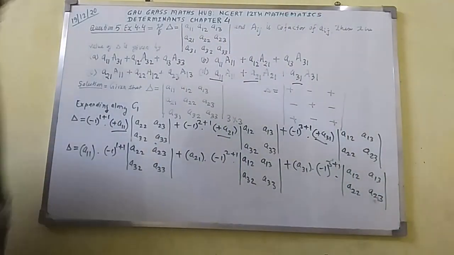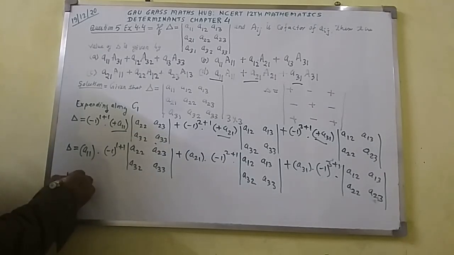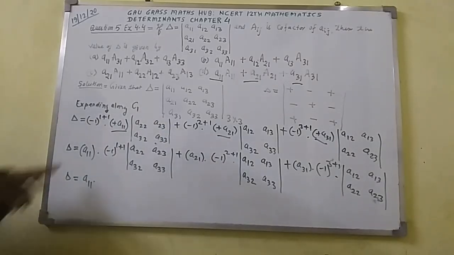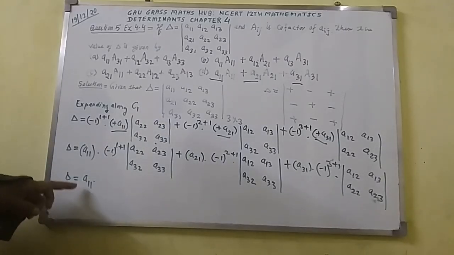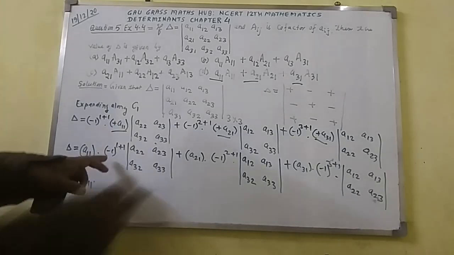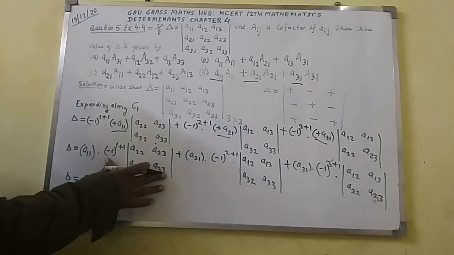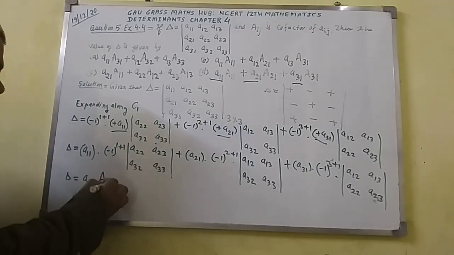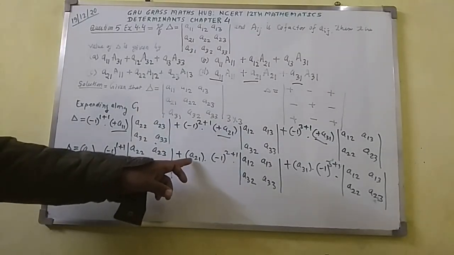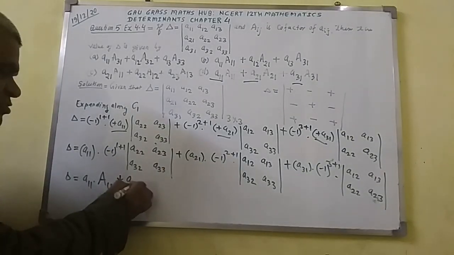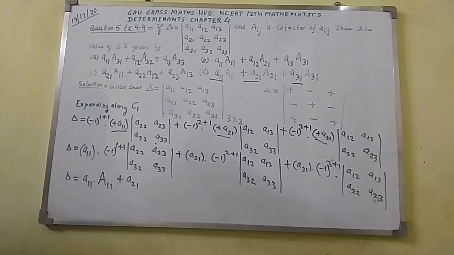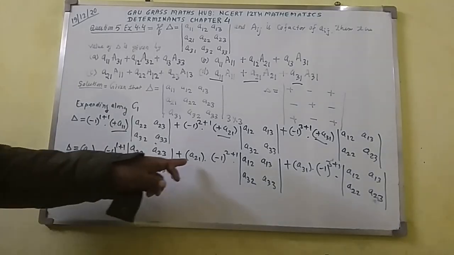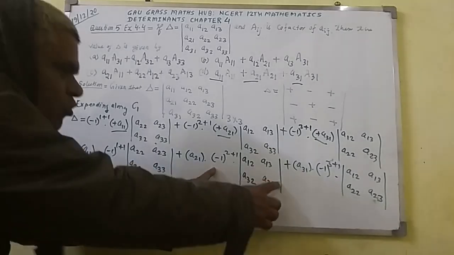So what to do next? Next I shall write delta equal to A11 dot cofactor of A11. The cofactor of A11 is this one. In place of this one, I can write here A11 plus here I shall write small A21. The cofactor of small a21 is whole this one.